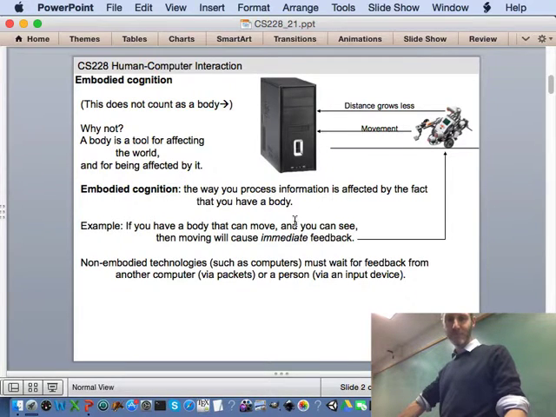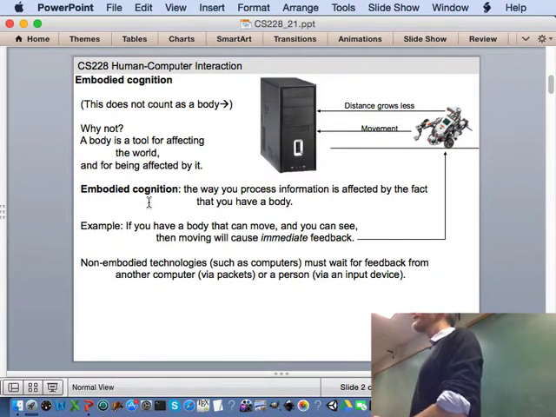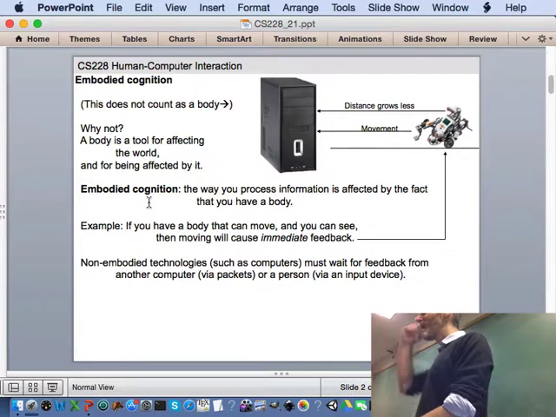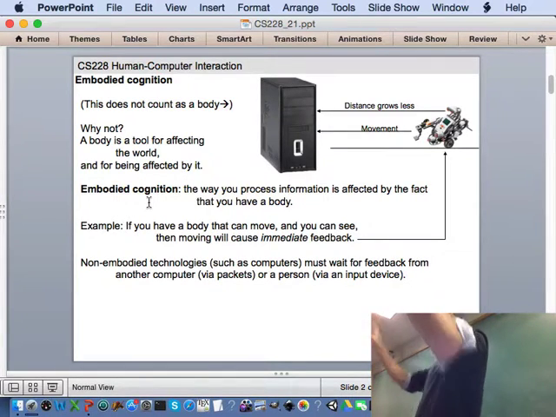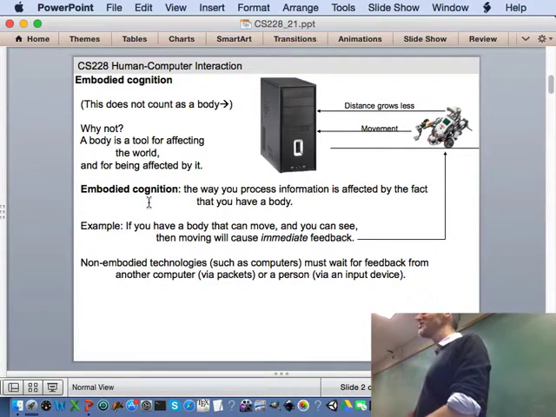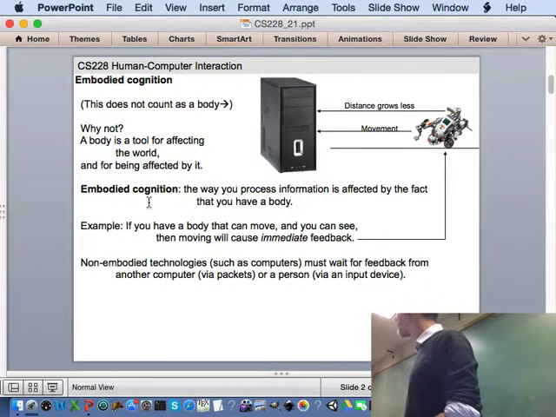Okay, so embodied cognition is an approach to thinking about thinking, which says cognition is not just about what's going on inside your skull. Important aspects of cognition have to do with the fact that the brain sits inside this machine that can operate in the physical world, right?